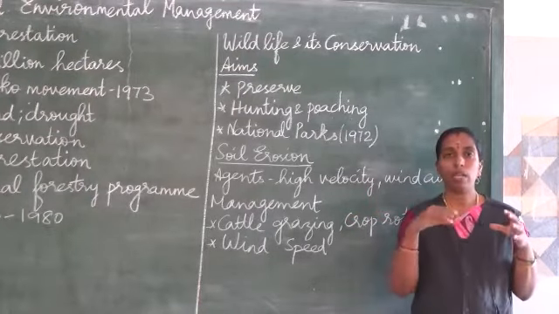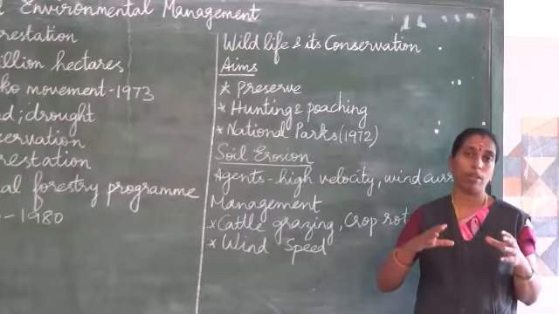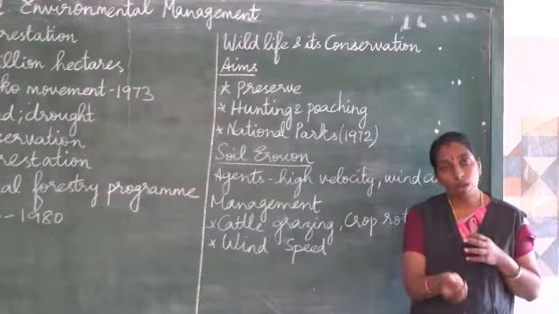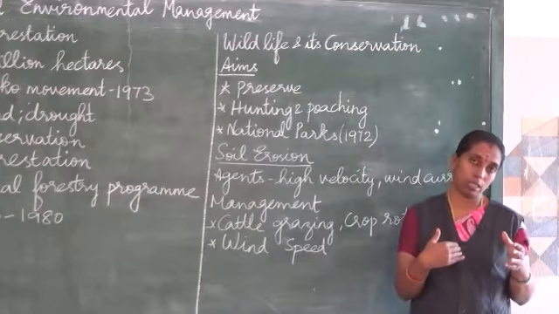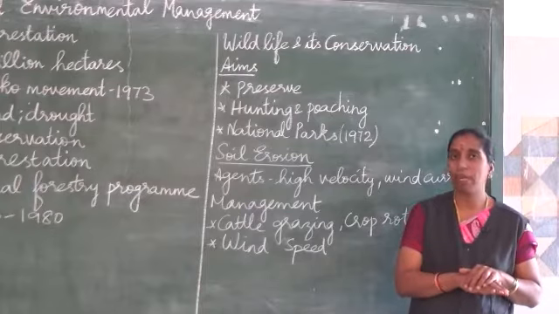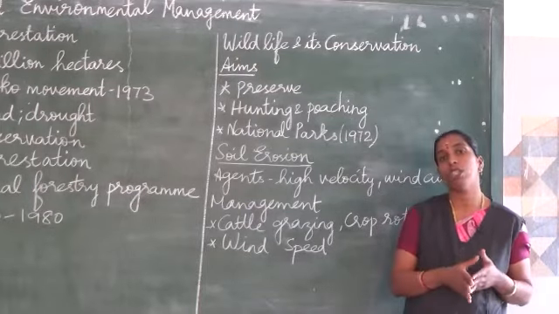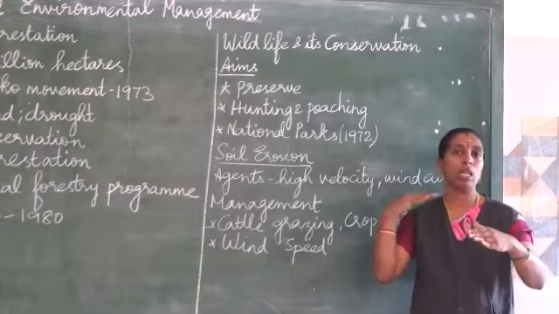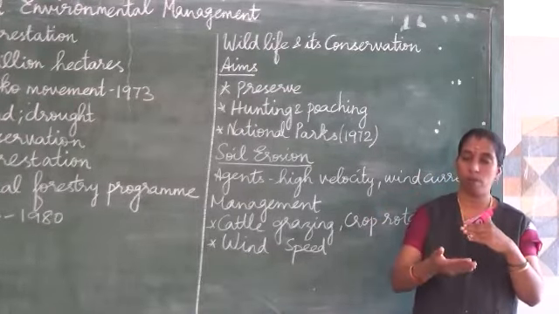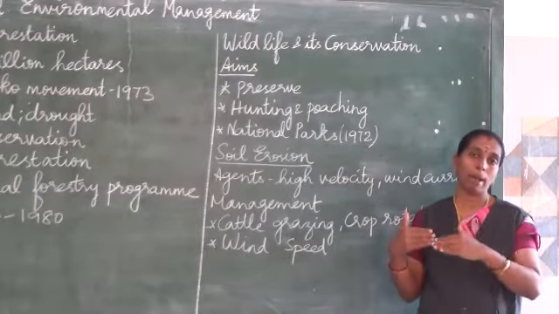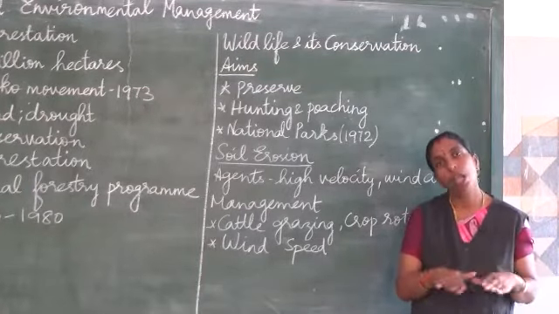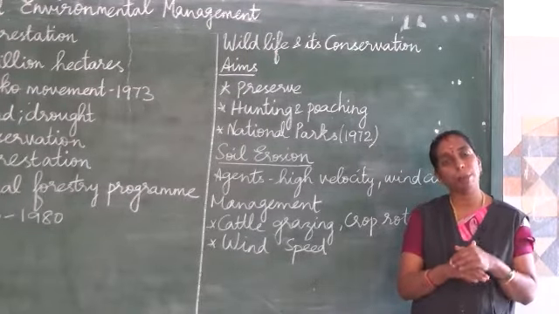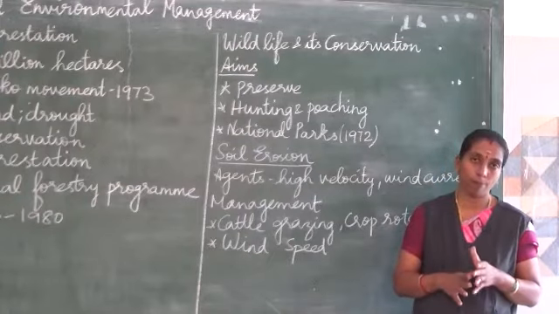Once we cause any damage to wildlife, in turn it will be reflected on us, and the ecological balance will be completely affected. What does ecological balance mean? It is the relationship between the living world and the non-living world. When there is complete imbalance, everything goes wrong.